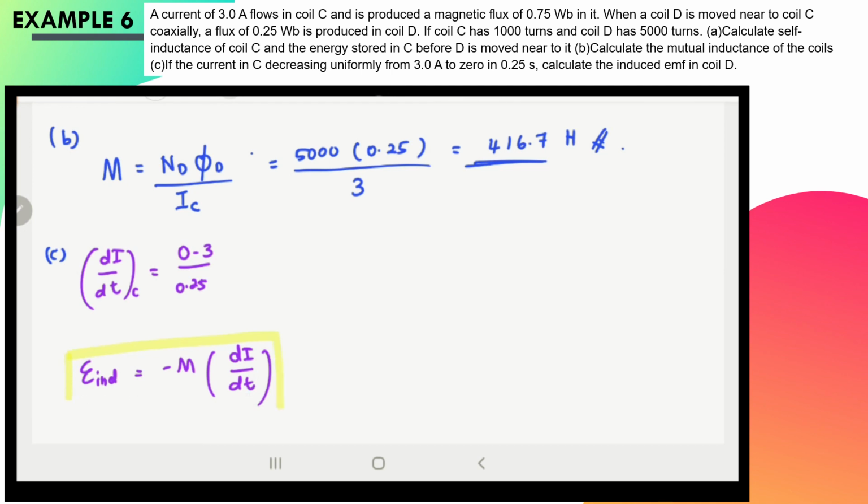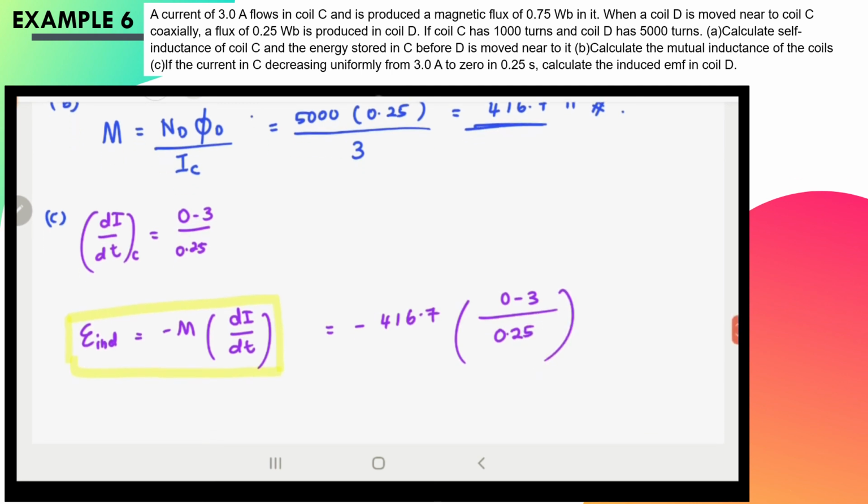So we can just substitute negative 416.7 times (0 minus 3) over 0.25 second. Therefore the induced EMF is equal to 5000.4.